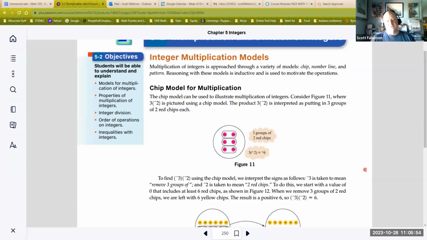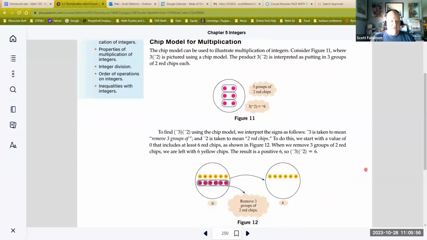Chip model can be used to illustrate multiplication of integers. And again, the idea is the first number that you see, positive or negative, and it really doesn't say this here, but I'll add it just because I think it's helpful. The first number is a 3, and the 3 is positive.